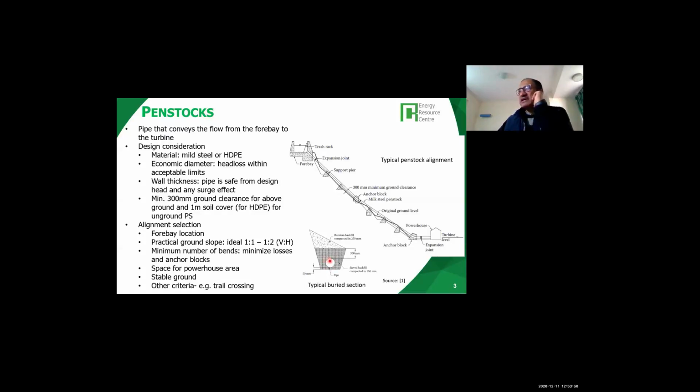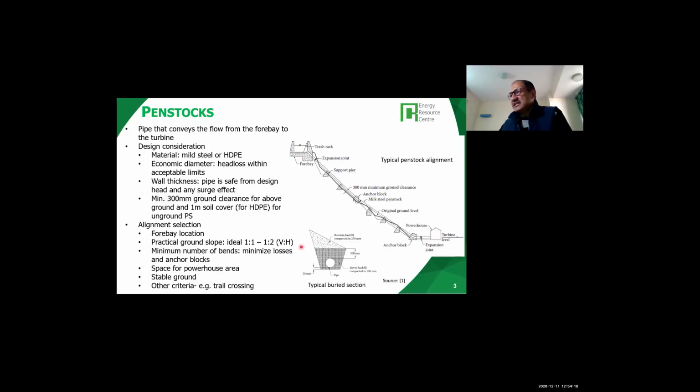The other design consideration is the diameter of the penstock. This diameter is selected to make sure the head loss in the penstock is within an acceptable level. The gross head is the difference of elevation between the top of the water level at the forebay and the turbine level.